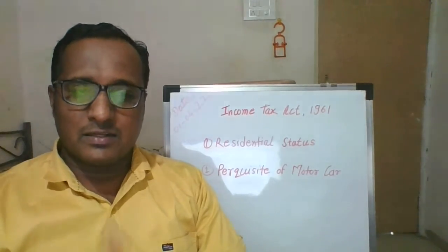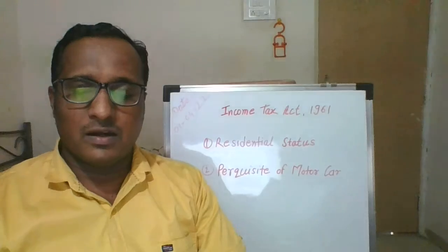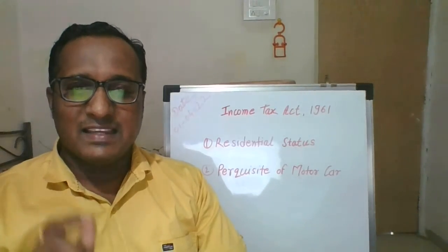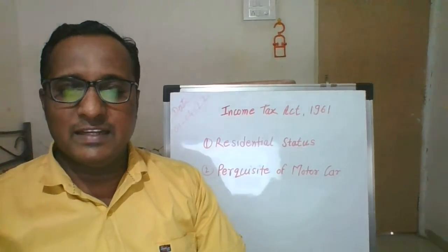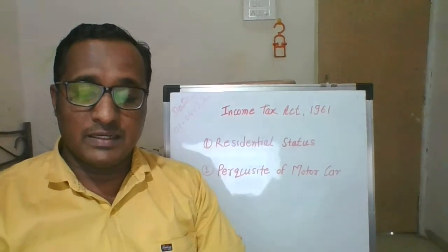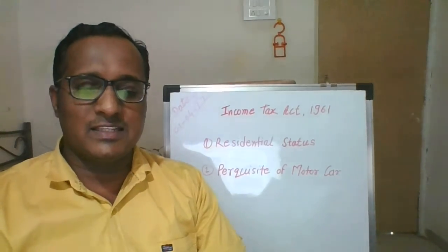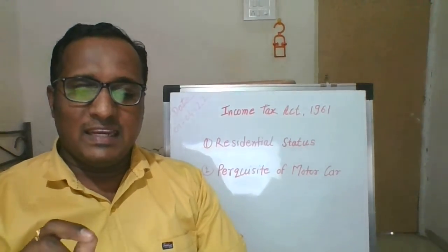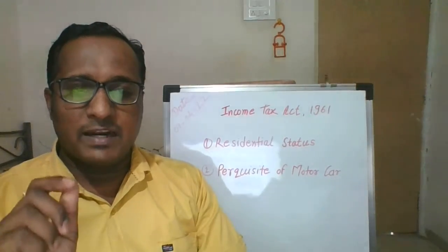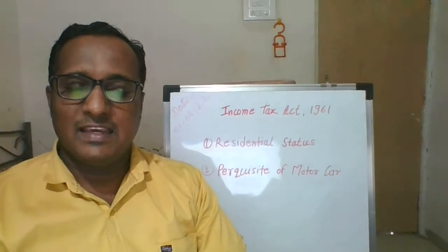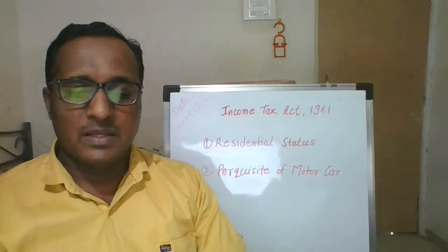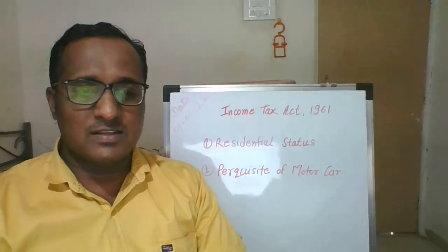The second category is resident and ordinarily resident in India. The first condition is that you have stayed in India for 729 days in aggregate during the last four financial years.